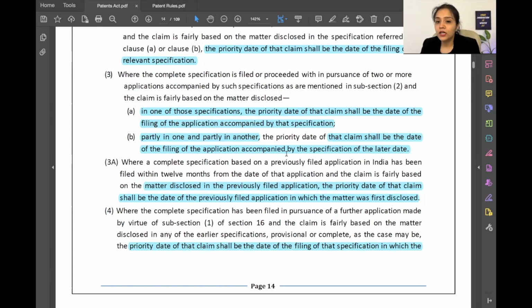So I can only consider that the full subject matter was disclosed for the first time in the second application, because the first application's subject matter would be incomplete. So in this case, the date of priority of the claim would be considered as 1st May 2023, because it was not fully disclosed in the first application.